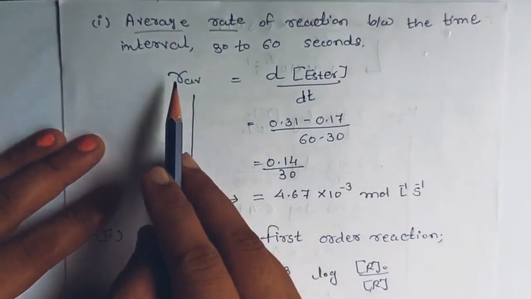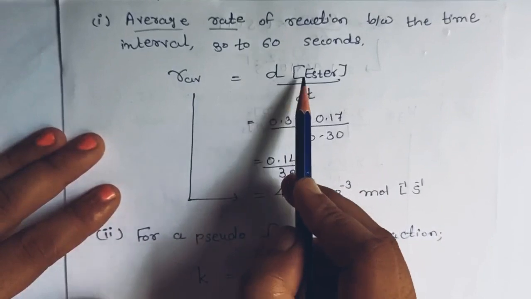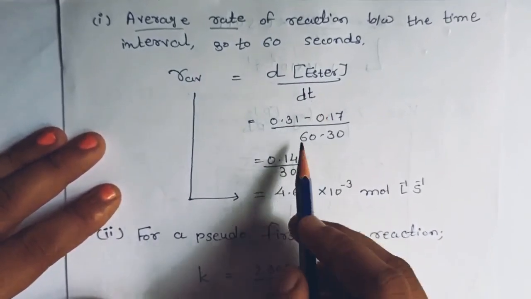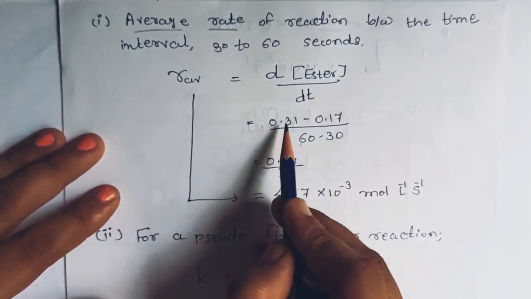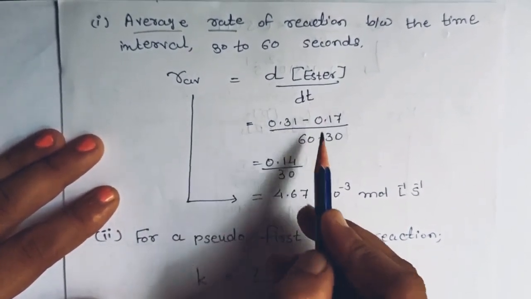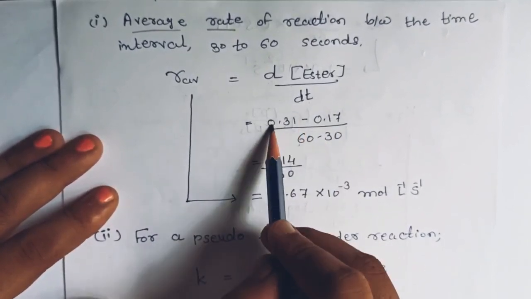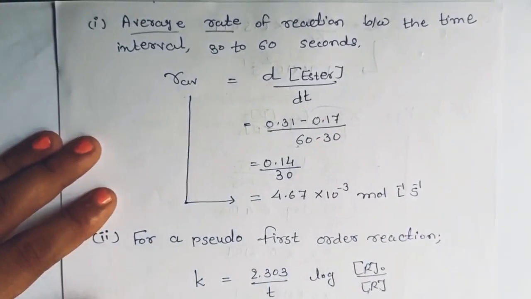First, calculate the average rate by the differential rate law. R average is equal to the change in the concentration of ester divided by the time interval. At 30 seconds, there will be this, and at 60 seconds, you will get this one.